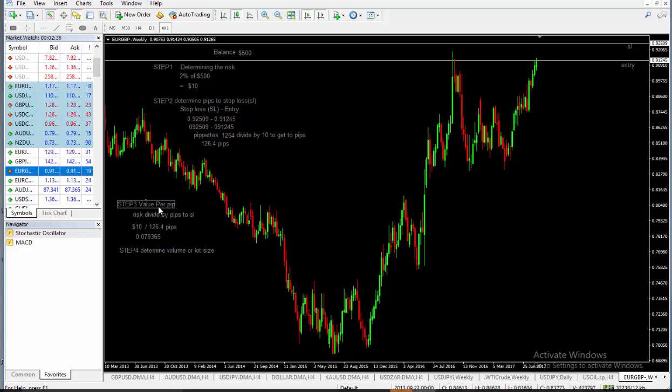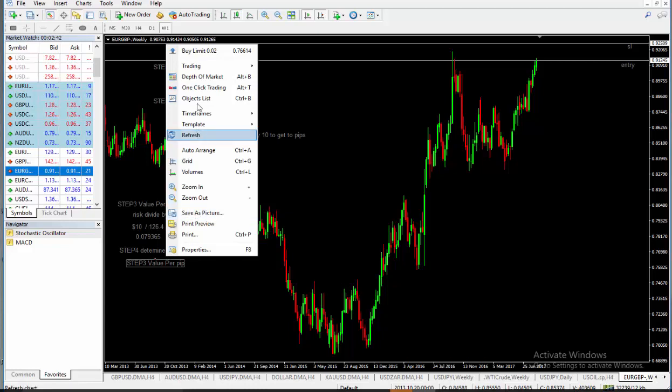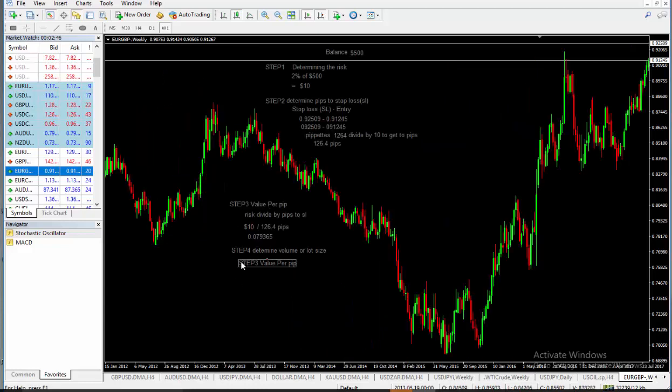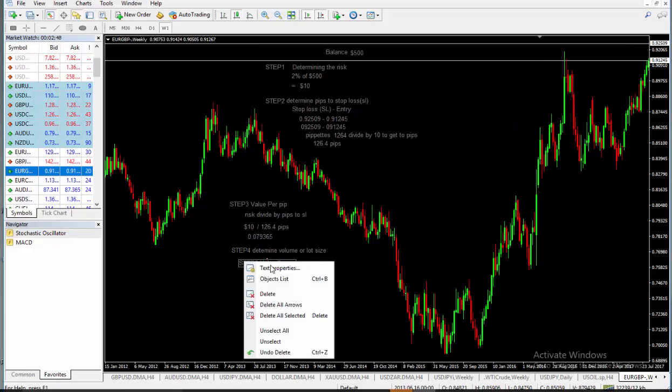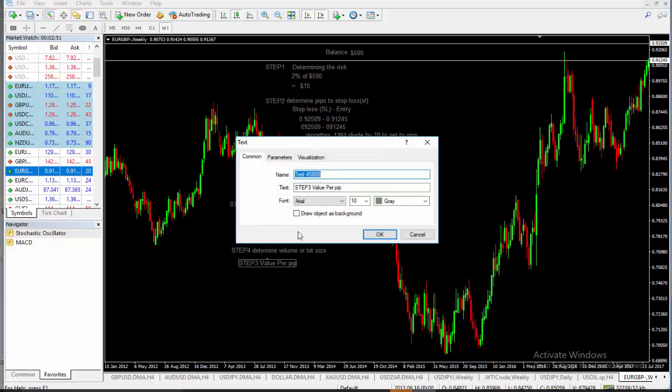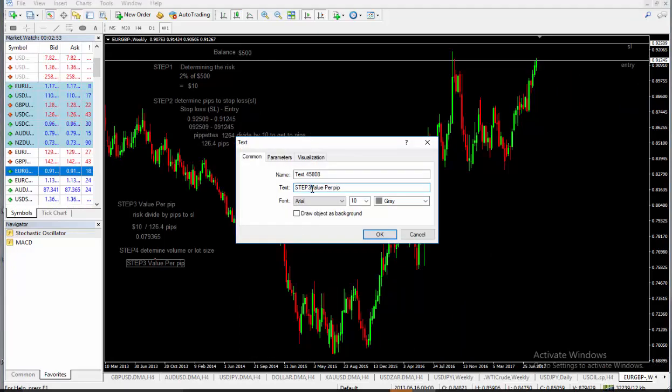To do this, you have to take the value per pip and divide it by 10 all the time.